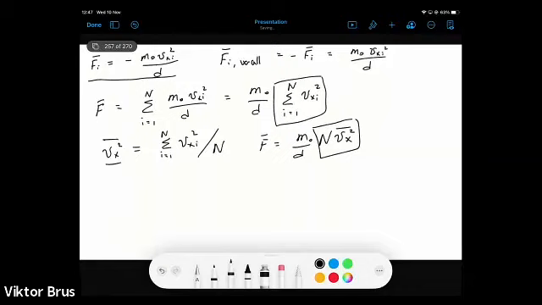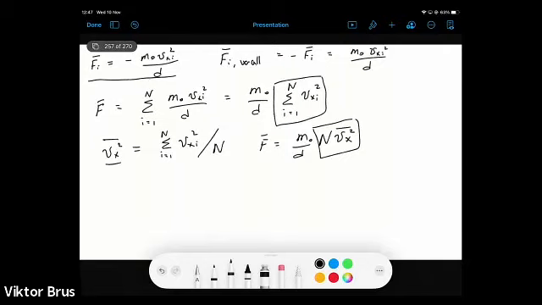That is important because we don't know the velocities and projections of these velocities for each molecule in the x direction, and that's why we want to deal with average values. So once we have this average force exerted in the direction x, we can also define it in all other directions.